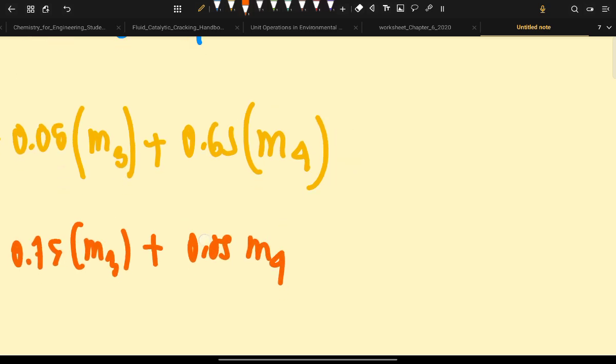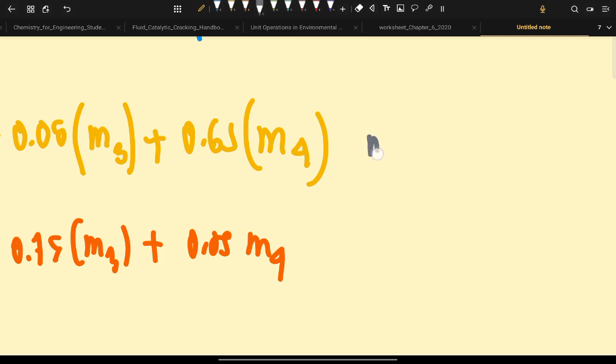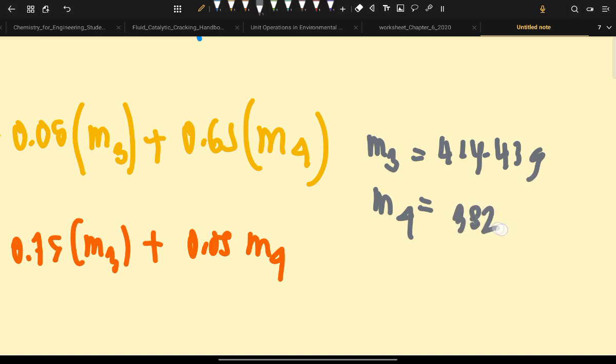Okay, so you just use your calculator, and then you got 414.43 gram, and then 382.51 gram. So this is your answer for the resulting masses.